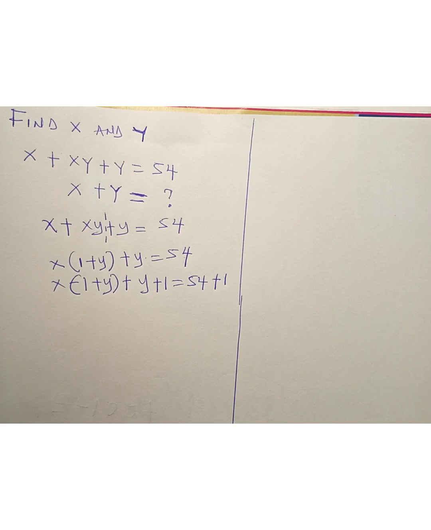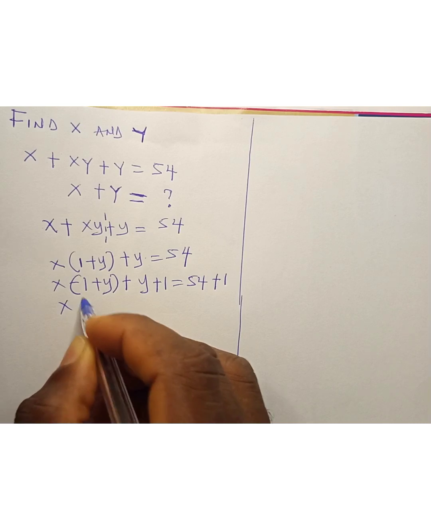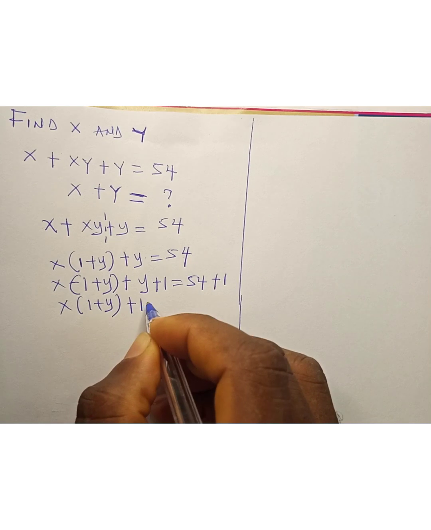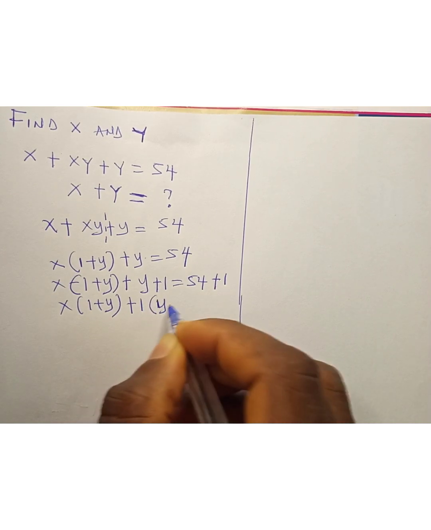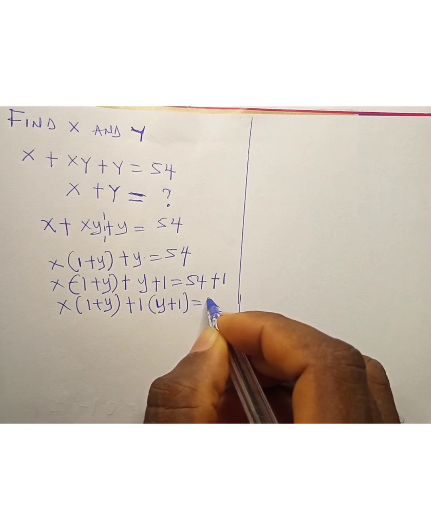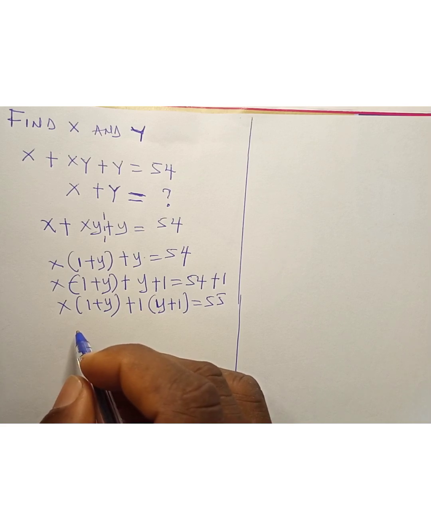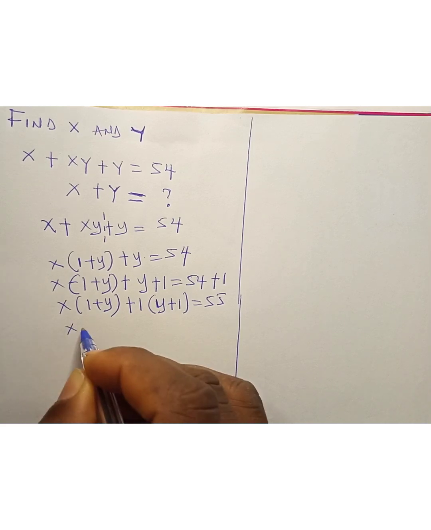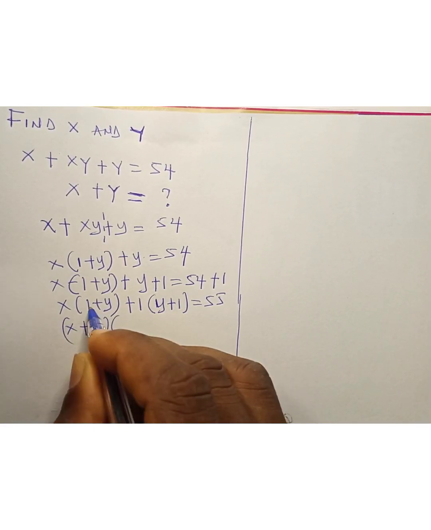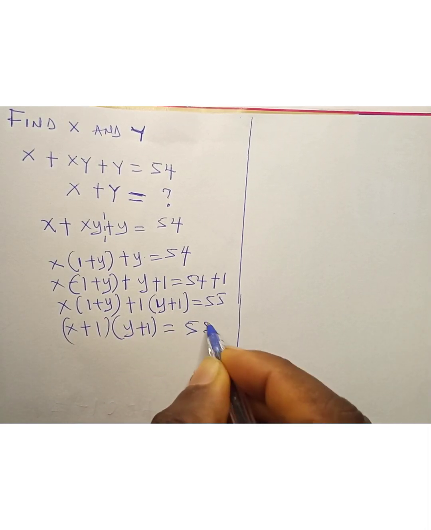We're going to have x(1 plus y) plus 1(y plus 1) equals 55. If we factor out what is common, we're going to have (x plus 1)(y plus 1) equals 55.